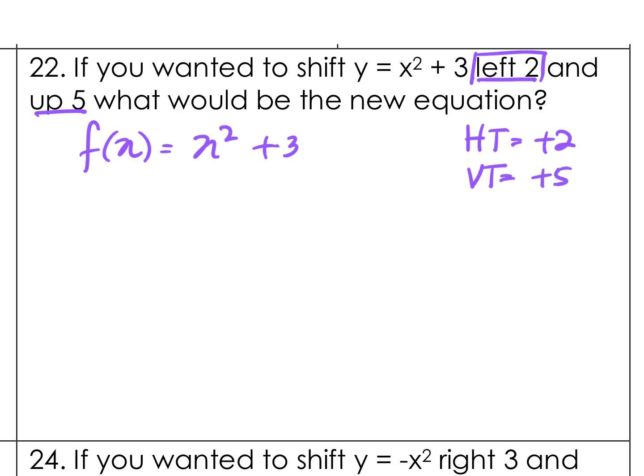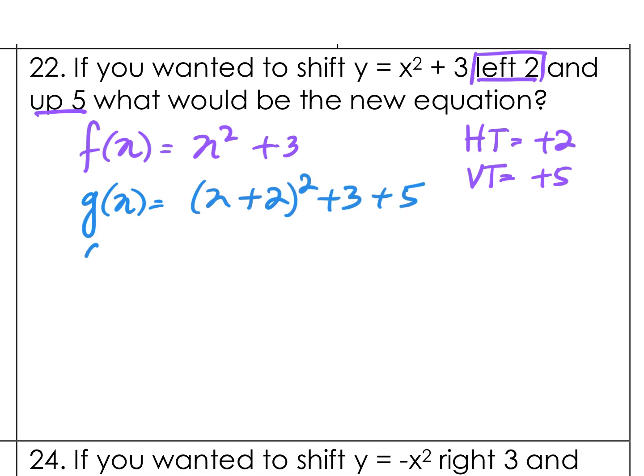Okay, so we're going to create a new function again in here, and we call it g of x. It's going to be x plus 2 squared plus 3 plus 5. Okay, so my final g of x in here is going to be x plus 2 squared plus 8.